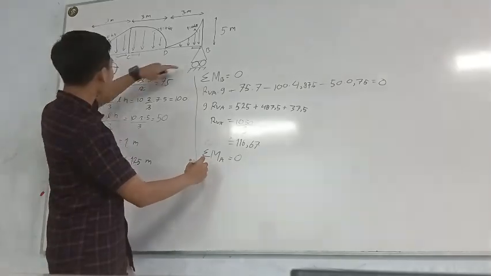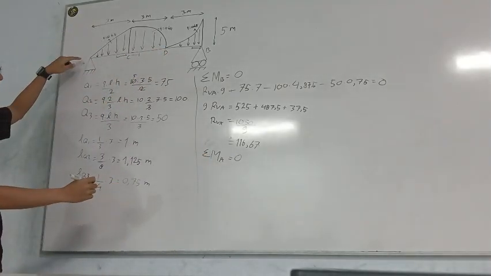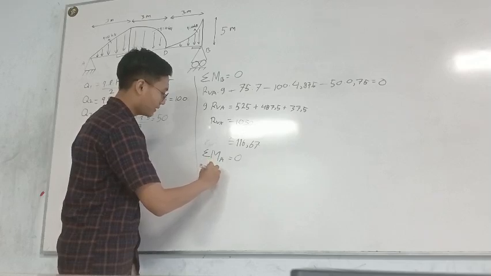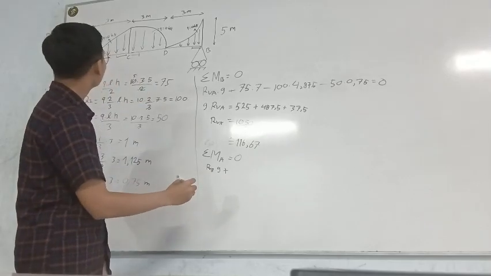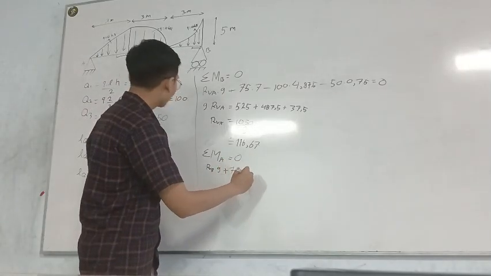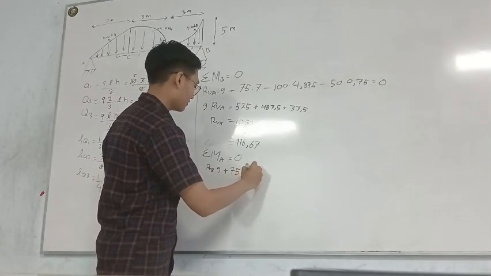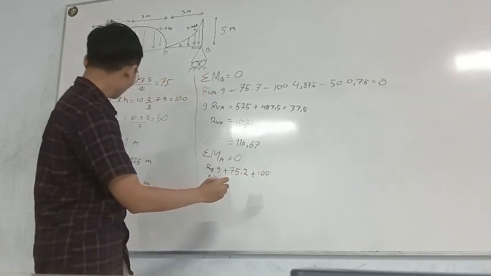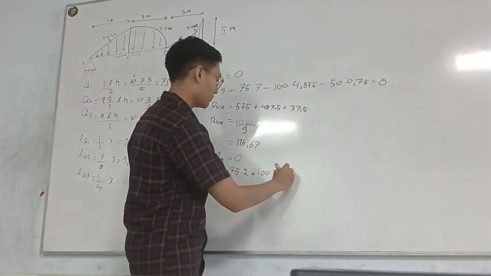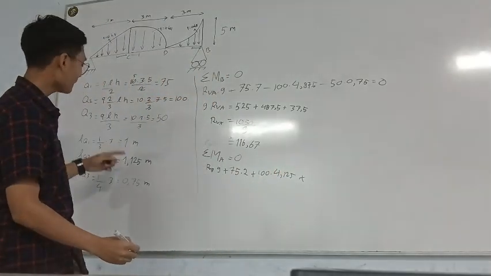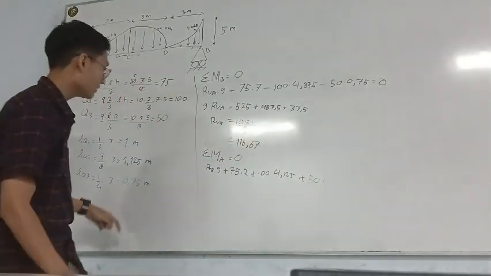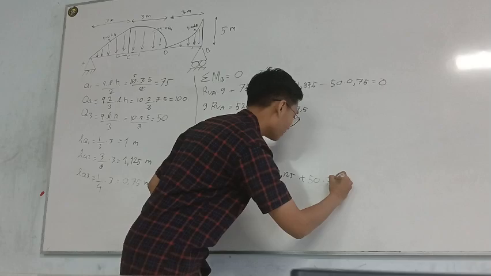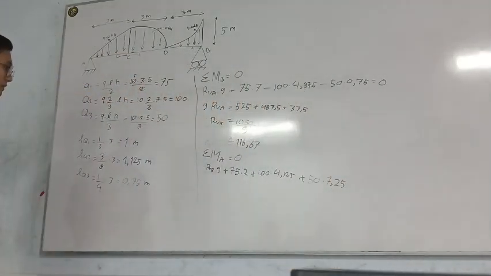Here we know that it is minus, because the moment at A is counterclockwise, so minus RVB times 9 plus 75 times 2 plus 100 times 4.125 plus 50 times 8.